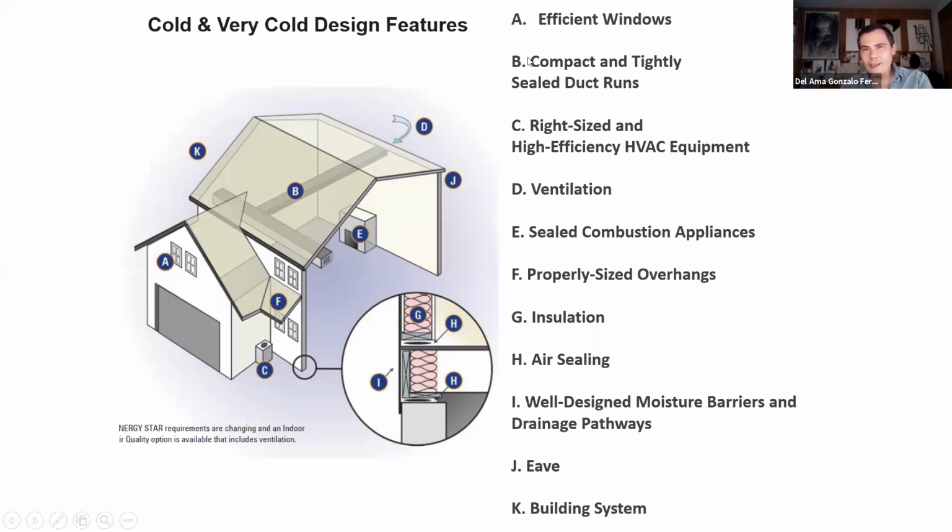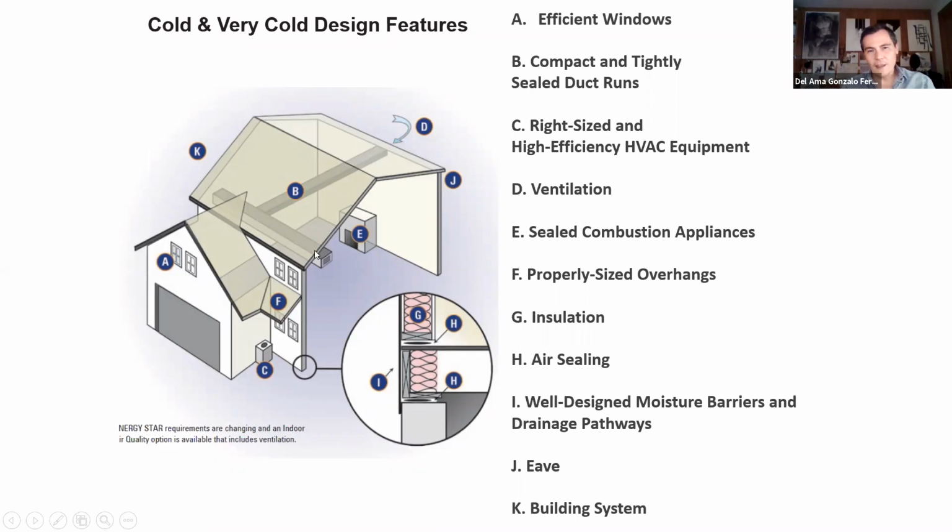Second, we need compact and tightly sealed duct runs. The key word here is tight. You see that we have duct runs. So those are ducts. Especially in single family houses, we do have ducts, but it's not that common. But in public buildings or in commercial buildings, we need mechanical ventilation and there are ducts.